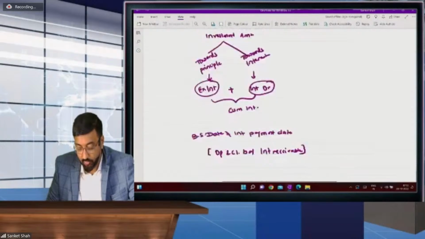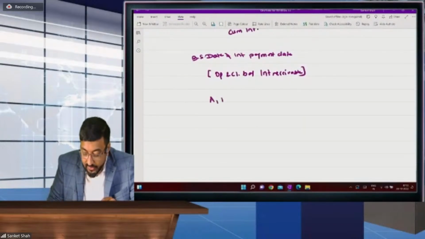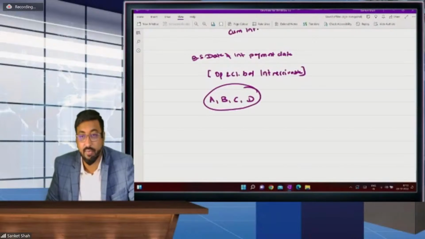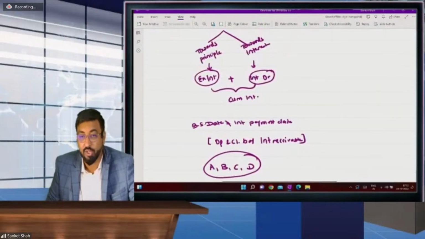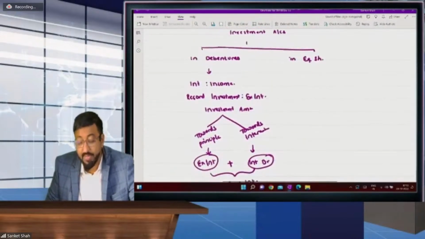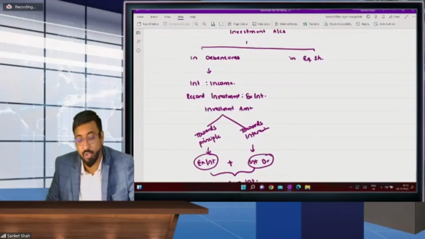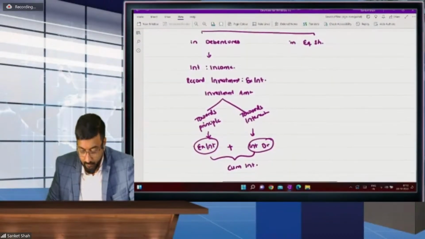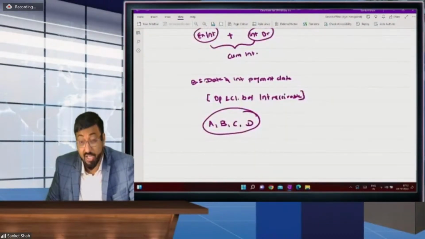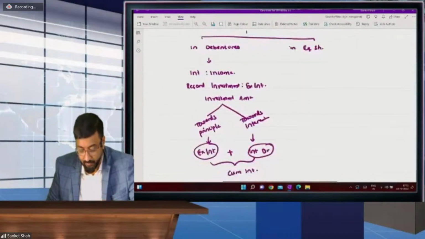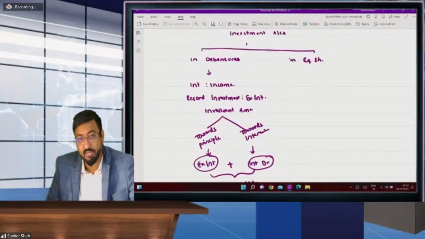So ABCD sequence is important. You just write down the ABCD sequence. ABCD sequence is important in case of debenture questions. So here, the balance sheet date is not equal to the interest payment date, so for the opening balance and closing balance you will record interest receivable. Very easy. So investment in debentures is nothing difficult.